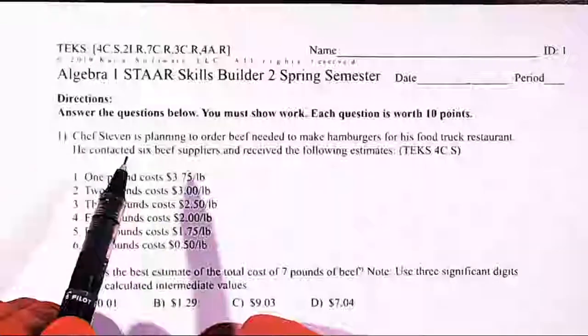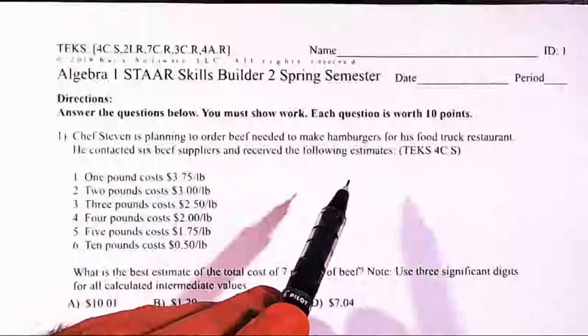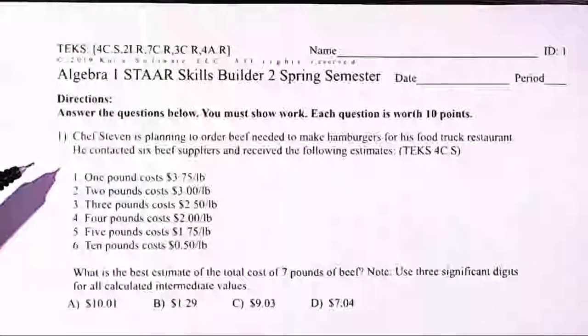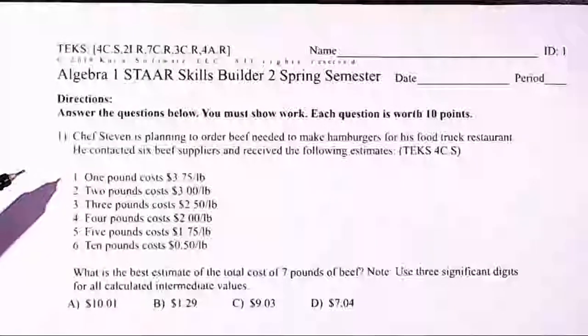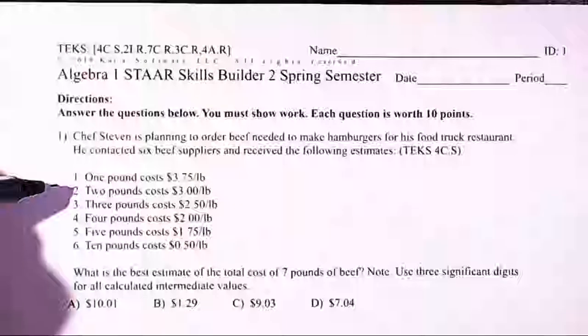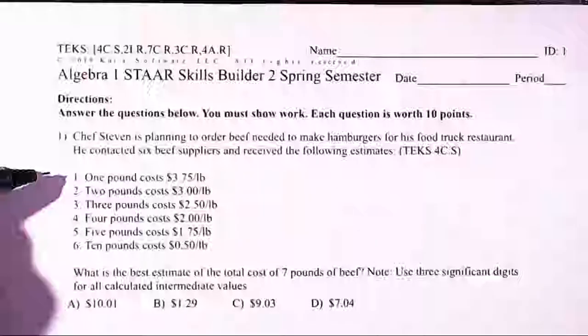Chef Steven is planning to order beef needed to make hamburgers for his food truck restaurant. He contacted 6 beef suppliers and received the following estimates. Now here right away there is a little bit of a trick that they're doing.